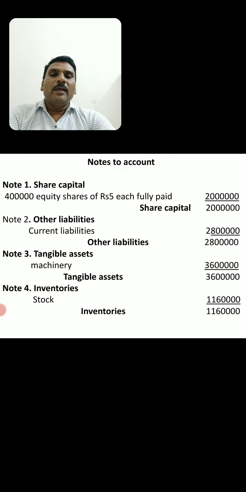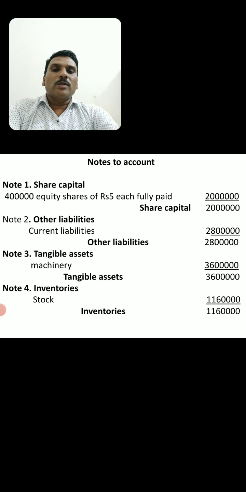Like this, separate notes are given to separate accounts. Here according to note 1, the old share capital was rupees 40 lakh, but the new share capital is 20 lakh because the face value of the share was reduced to rupees 5 each. Then current liabilities remain constant, 28 lakh, and in reserves and surplus, the total profit and loss account debit balance was totally written off. Therefore reserves and surplus is not shown in the balance sheet.